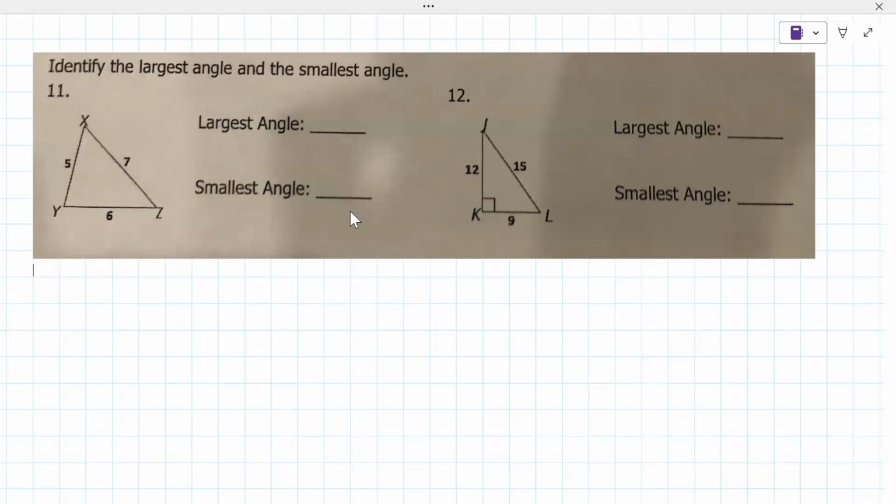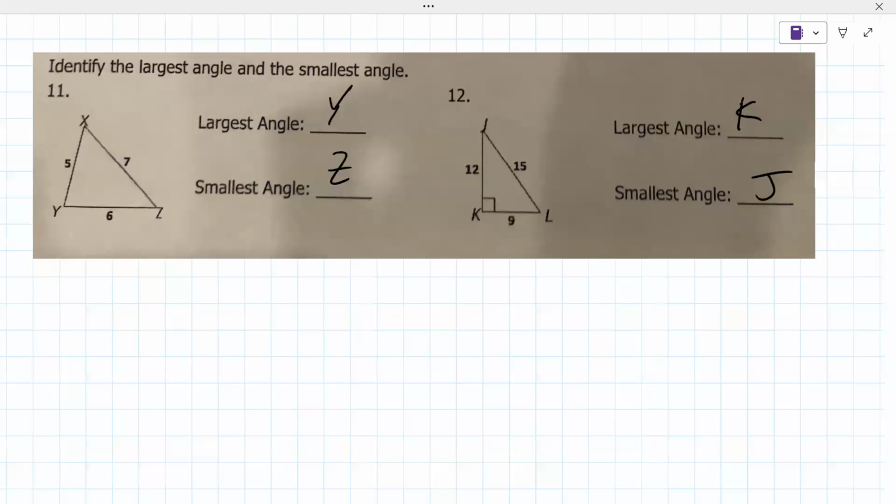Okay. Do you have some answers for me for 11? The largest angle is Y and the smallest angle is Z. Very good. And number 12? Largest angle is K and smallest angle is J.